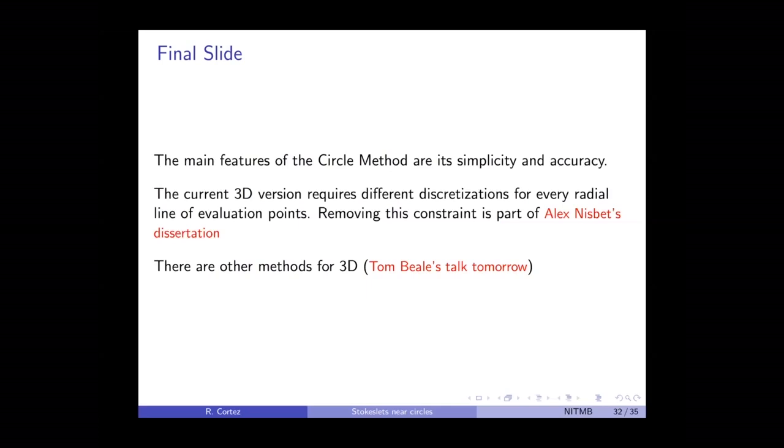Okay, the question is, is it necessary to expand the log, the kernel, in terms of Chebyshev? It may not be. I don't know if it's necessary, but we found it easier to look at it that way. So maybe it's not necessary, but it's the way we see it.